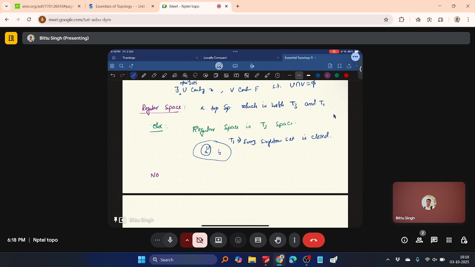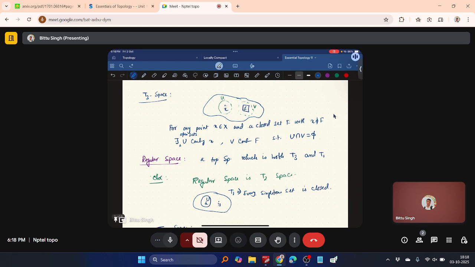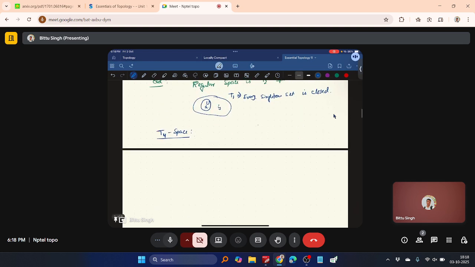Now there is another separation axiom. It is called T4 space. T4 space means instead of considering one point and another closed set, now we consider both as closed sets.